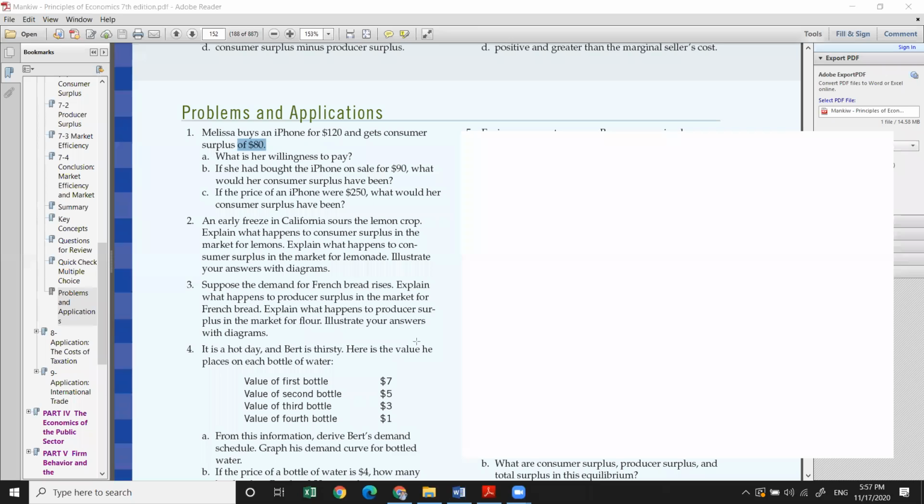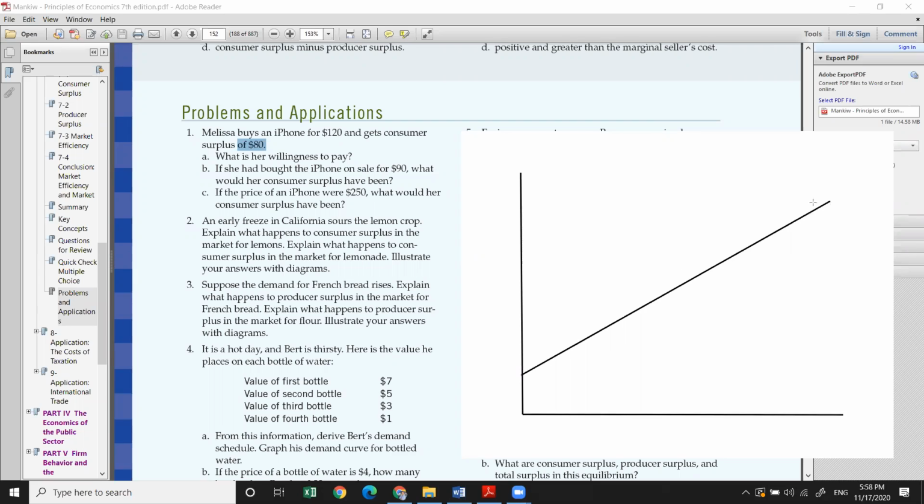So we need to draw two different diagrams and show what happens to the demand. Now we're talking about the demand side. If you draw it, this is the quantity axis, this is supply, this is demand, and this is equilibrium.